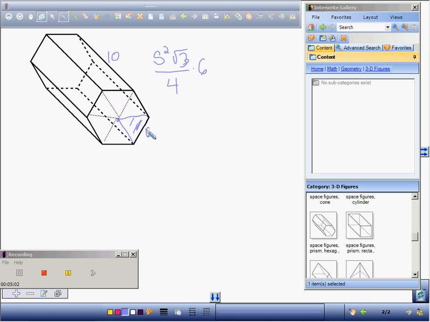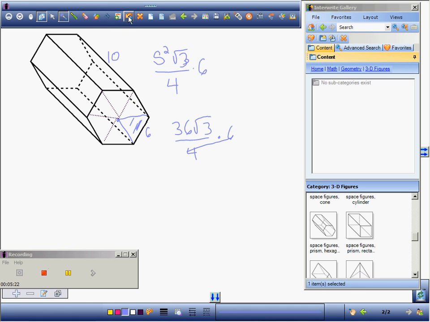All right? So I'm going to take side, and side is also 6. So I have 36, because that's 6 squared, root of 3 divided by 4 times 6. And I didn't mean to cancel that out. That's just my pen making mistakes.